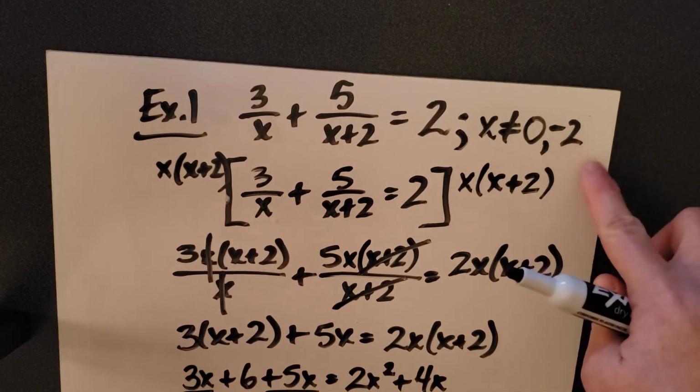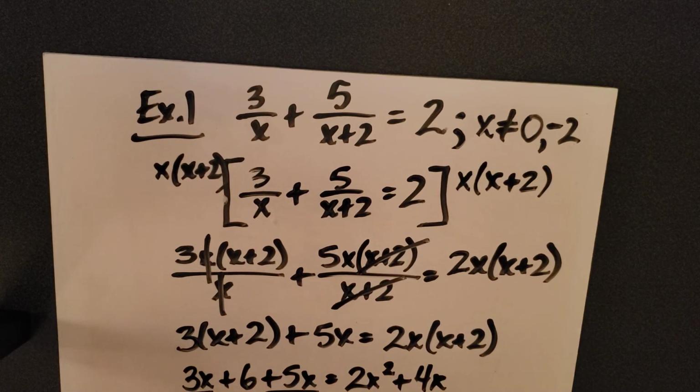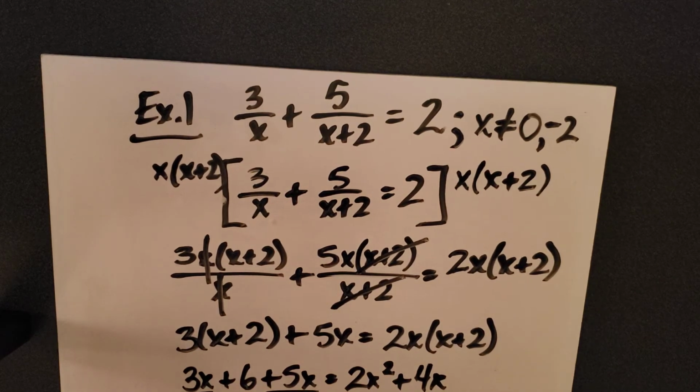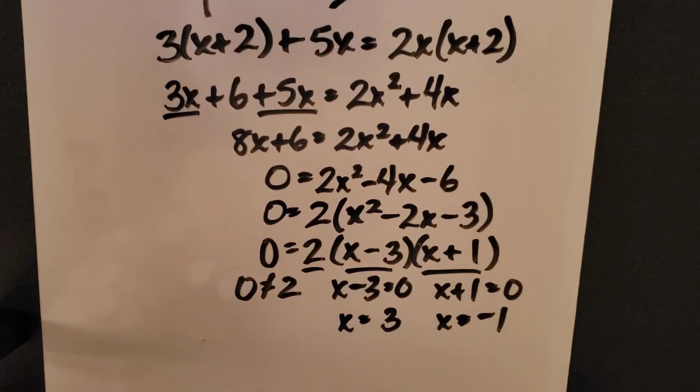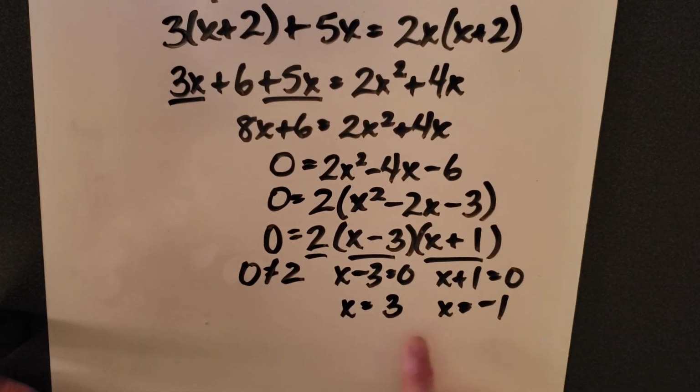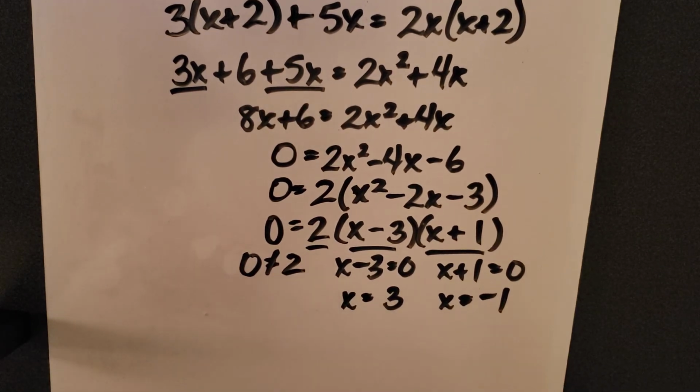So neither one of our solutions is one of those domain restrictions. If it were, we would just go ahead and cross it out as an extraneous solution. Okay, but because neither one of our solutions was one of our domain restrictions, that means we have to test them back in our original equation. Okay, and so that is what I'm going to do now.